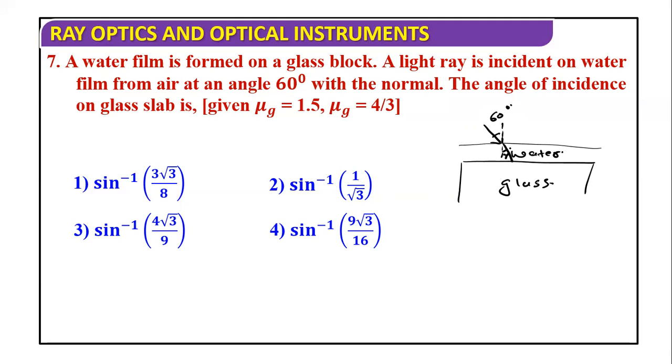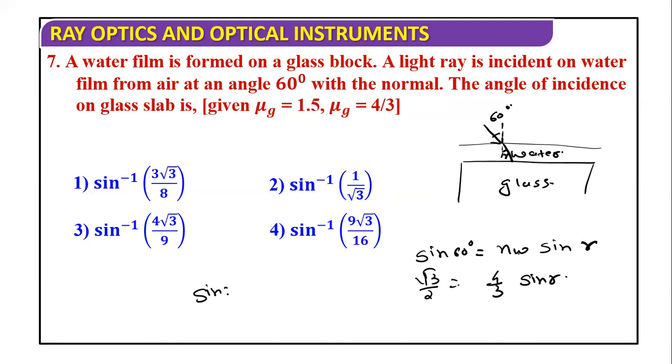First, let us find the angle of refraction at the air-water interface. We can apply Snell's law. Sine 60 degree is equal to refractive index of water into sine r. Sine 60 is √3 by 2 and the refractive index of water is given as 4 by 3.